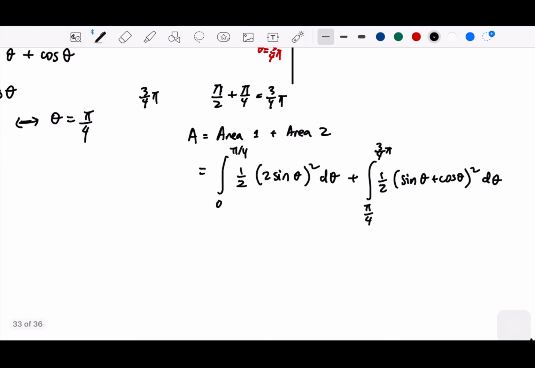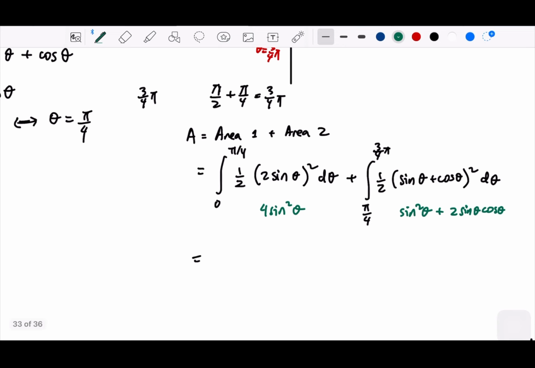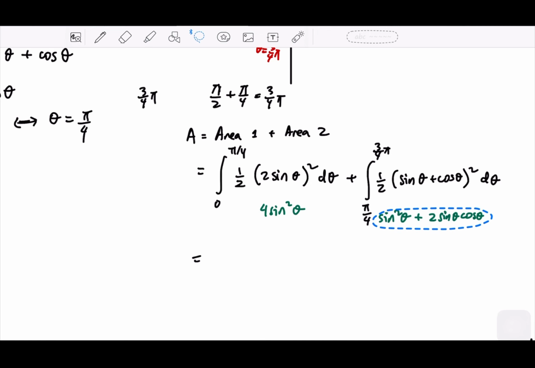Okay, and then we could square this part, and we have sine squared theta plus 2 sine theta cos theta plus cosine squared. And we could write 1 plus sine 2 theta, right? And for sine squared theta, we could exchange to the double angle formula.